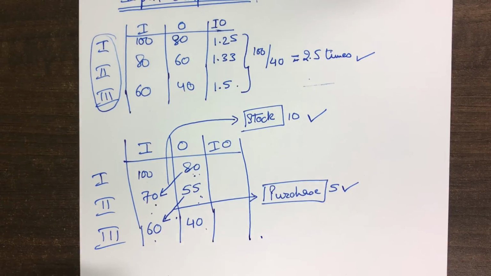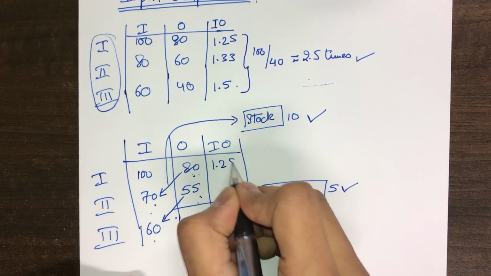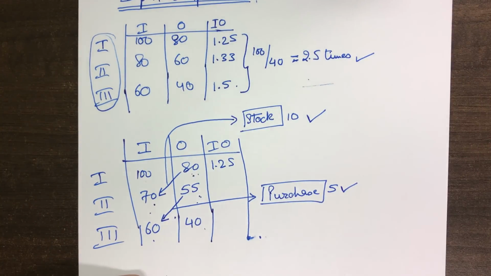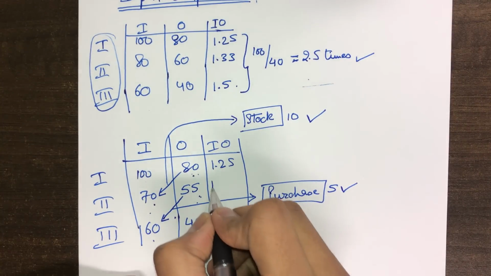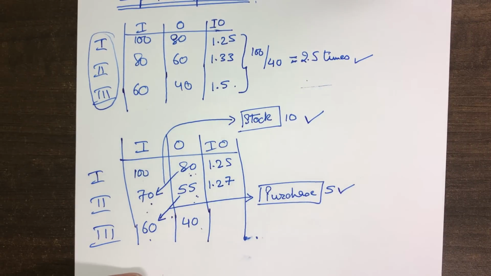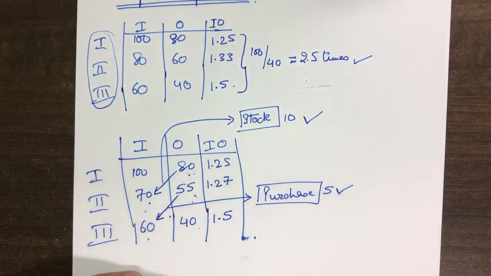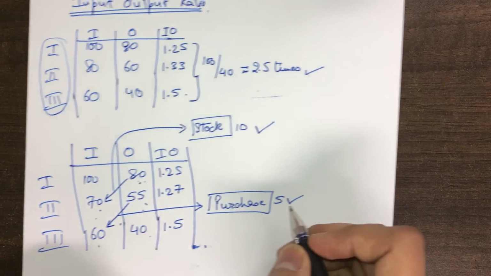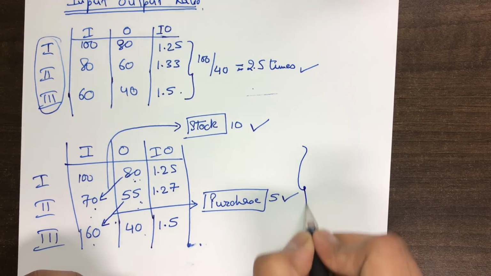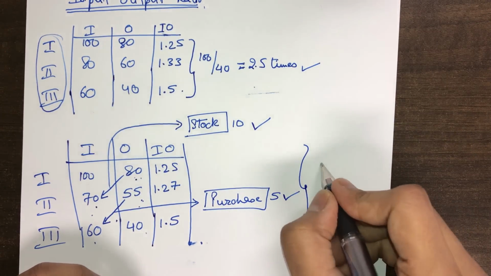Now let us compute the input-output ratio. For the first process, it remains the same. For the second process, it changes to 1.27. For the third process, it remains the same. Now please tell me, what is the input-output ratio for the entire 3 processes?